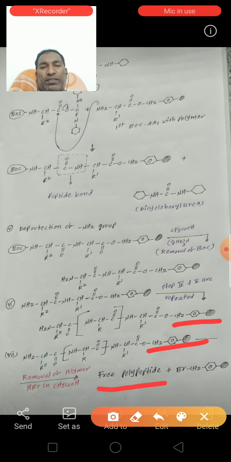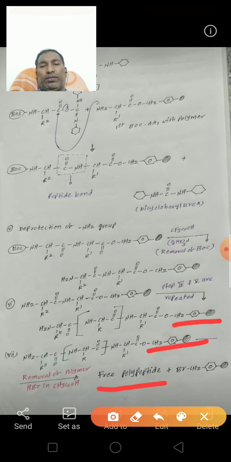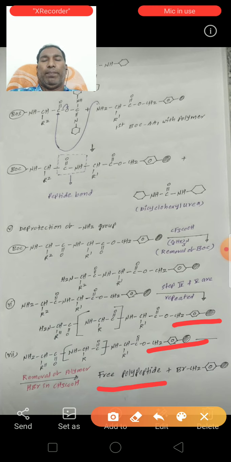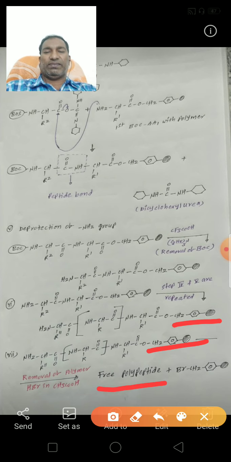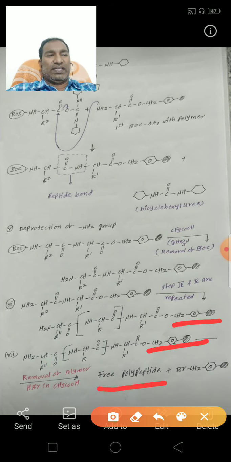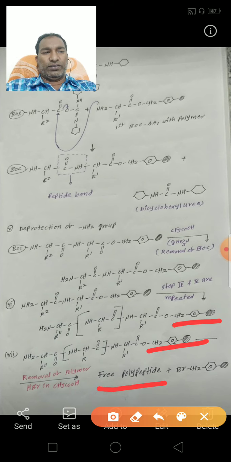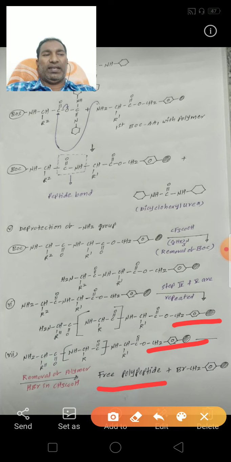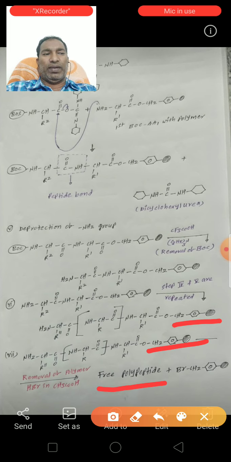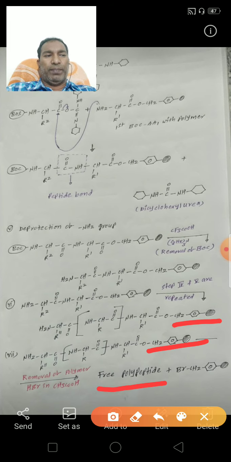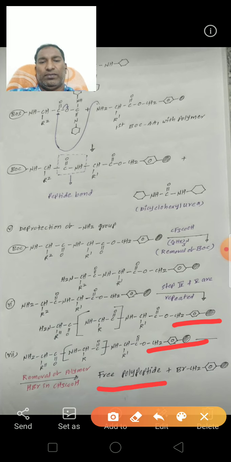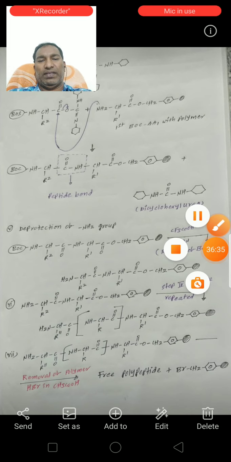That means BrCH2 Br, this group. So like this we can synthesize the polypeptide. So this method is known as Merrifield automated peptide synthesis. Okay, this is the peptide synthesis.